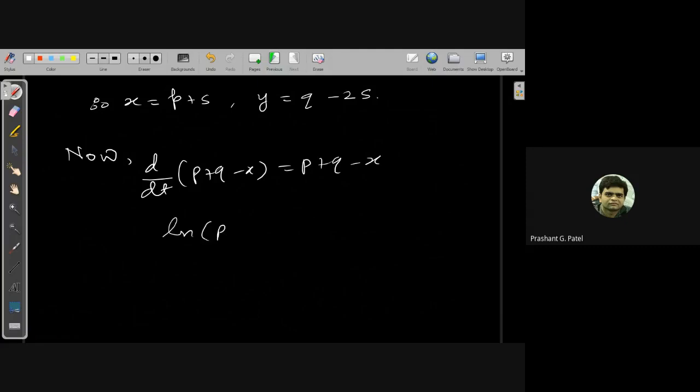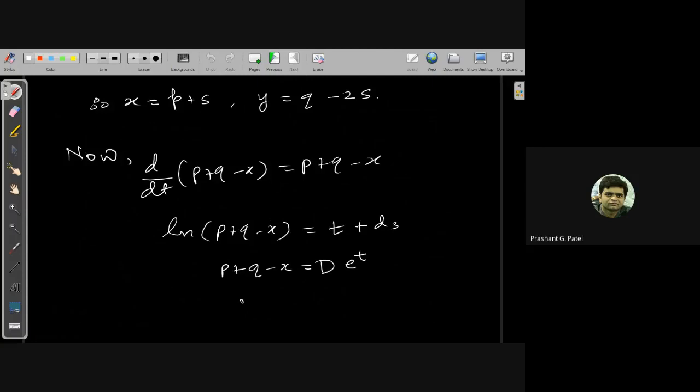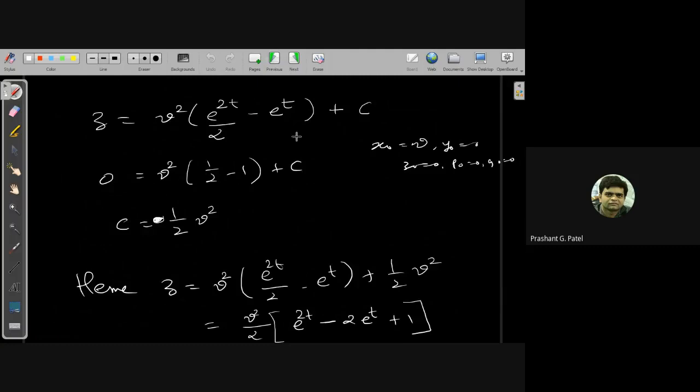ln(p + q − x) = t + some constant, let's say D3. So we'll have p + q − x = D e^t. Now we use the initial condition, that is p0 is 0, q0 is 2s. So here it is 2s − x, x is s.